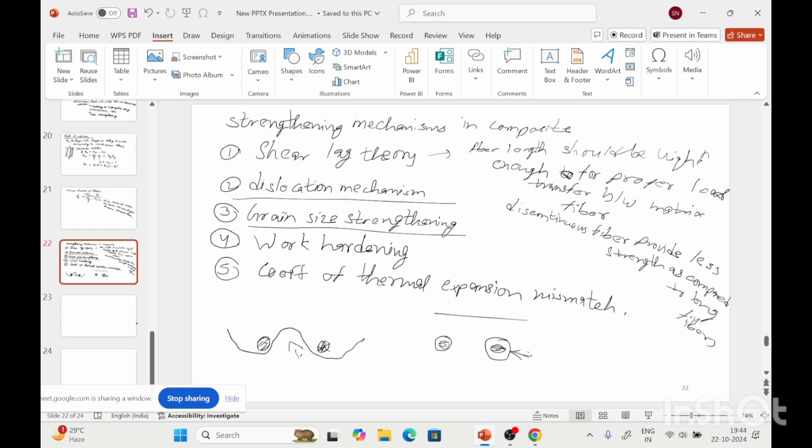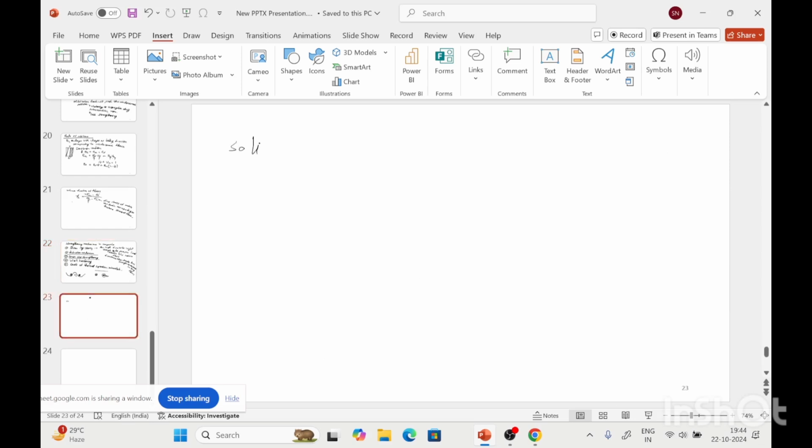During the solid state processing, recrystallization happens, and this recrystallization is due to the particle stimulated nucleation, meaning the nucleation happening due to the reinforcement particle.